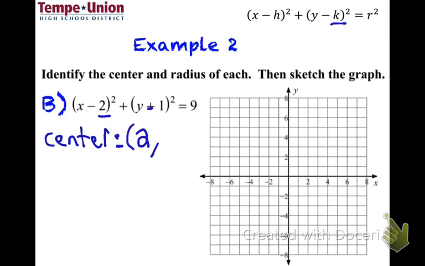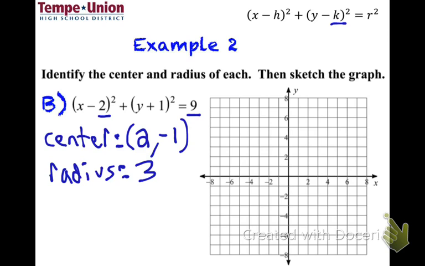So that means that we've got to change the sign. So that means it's 2, negative 1 is the center. And then the radius is always the square root of whatever's on the right-hand side. So the square root of 9 is 3. So there we have enough information to sketch our circle.